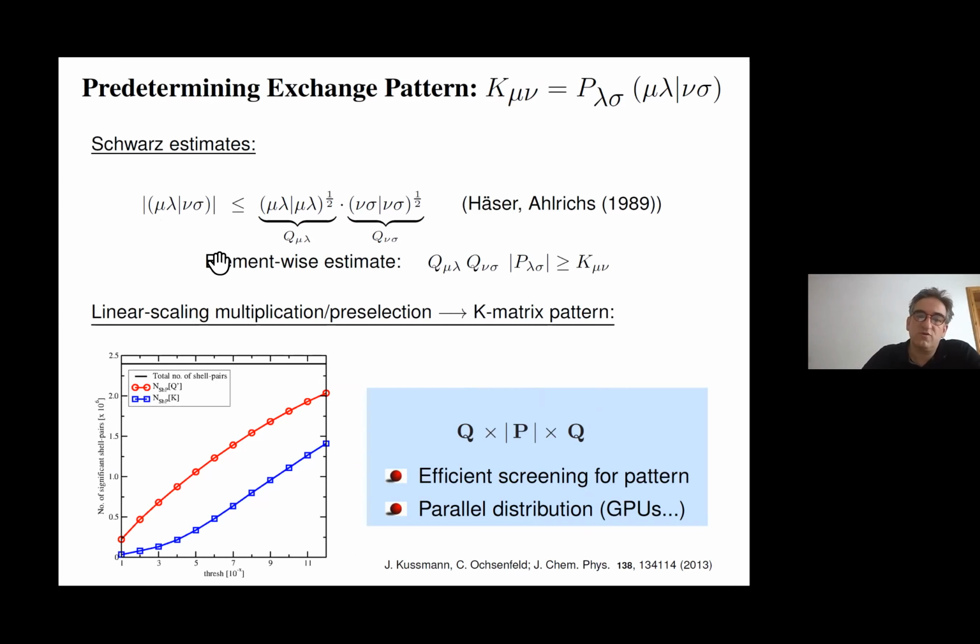So we cannot do, for example, an element-wise estimate of the quantities which we need to contract in forming the exchange. We need to have a pattern which we determine beforehand, and then we can distribute the tasks on GPUs. And this is done by this so-called pre-Decay method introduced by my co-worker Jörg Kussmann.